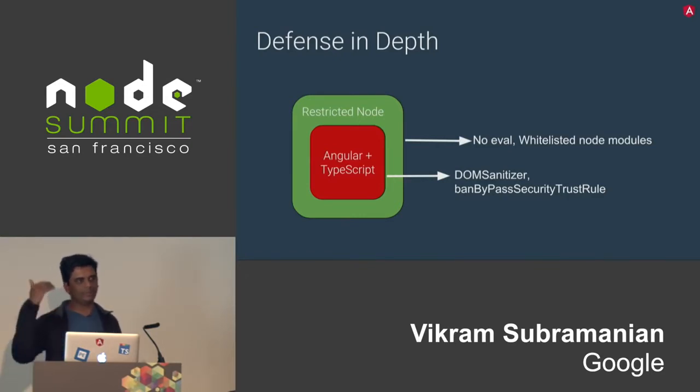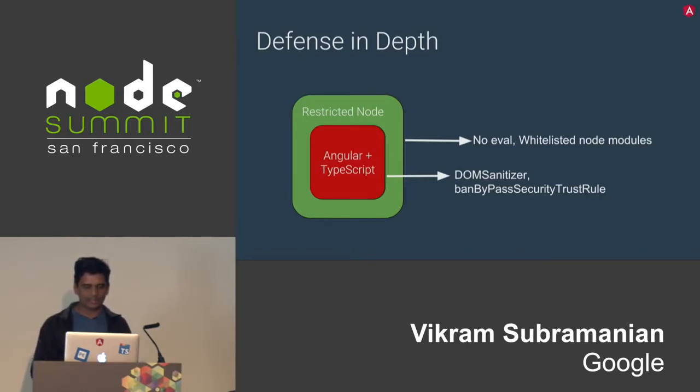So during build time, we build a hash of all the files or modules that can be loaded. And when you have a require statement, it would match the path by the hash, and if it didn't match the hash, it would fail. So this was actually a system built by another team inside Google who had built this restricted node for experimentation purposes, which we were able to reuse for our purposes.